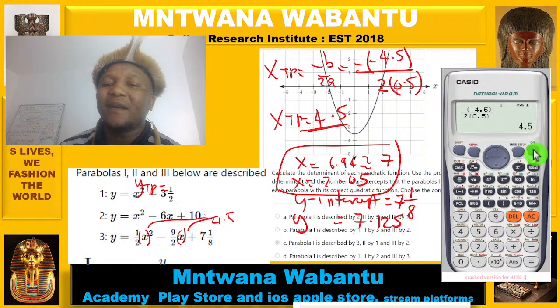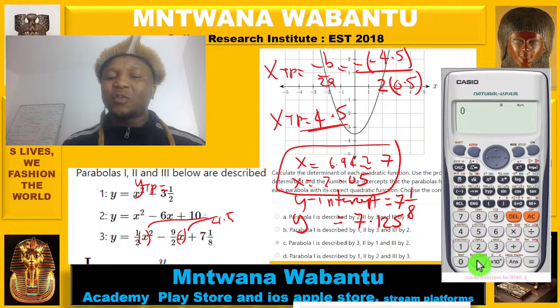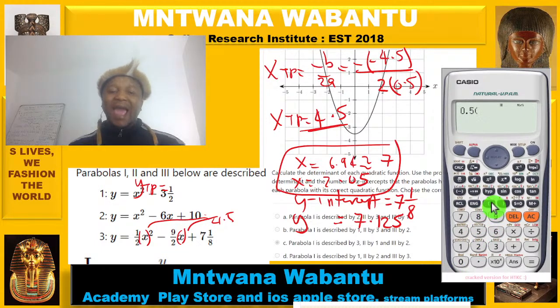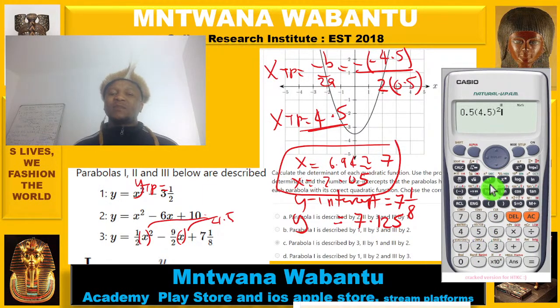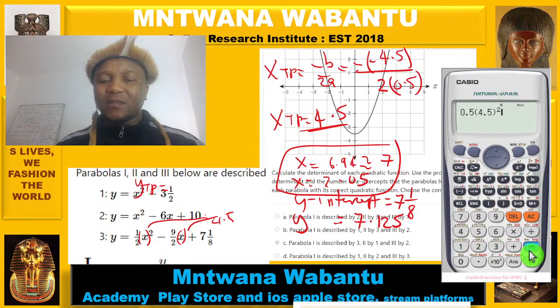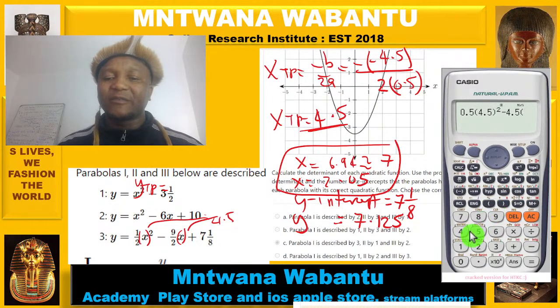So we're going to say, come here, and they say, okay, a half is 0.5, meaning 0.5, bracket, and then X, what the value of X? 4.5. Bracket, and then after, you must minus 4.5, bracket X, the value of X at turning point also is 4.5.